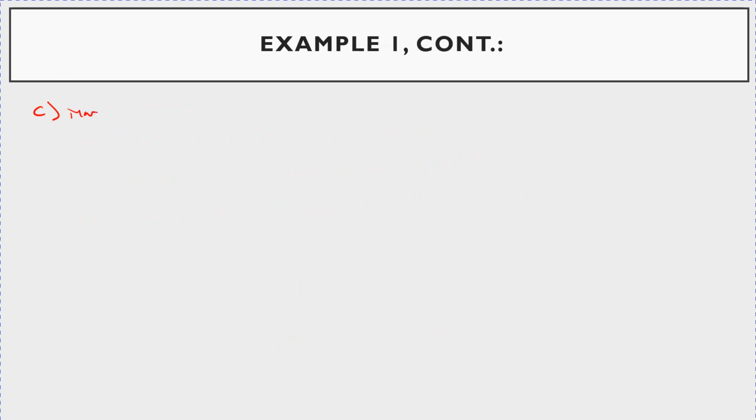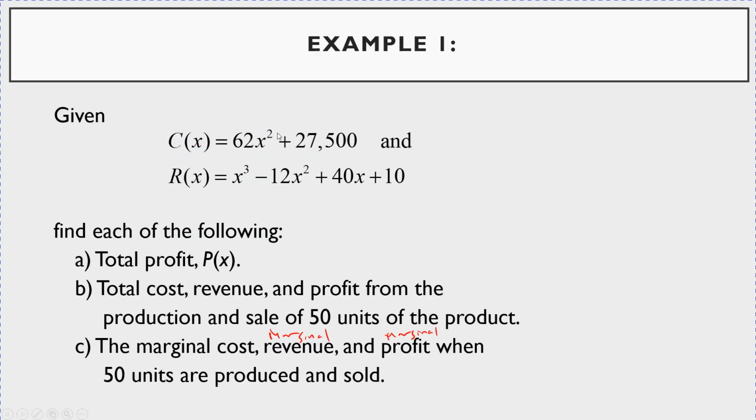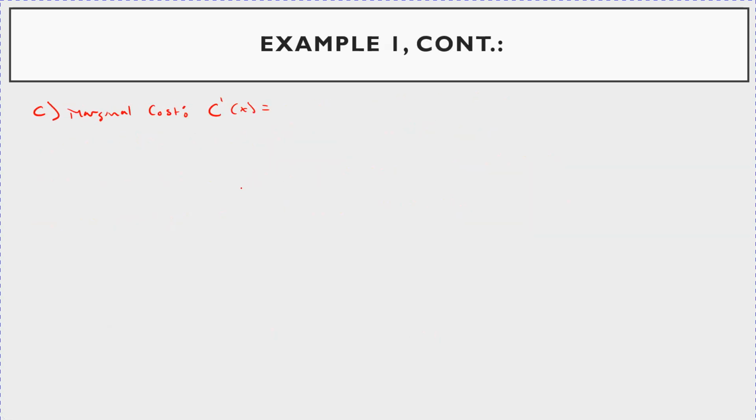Okay, so marginal cost is just C prime of x. So you're going to take the derivative of your cost function here. The derivative of the cost function, you just bring the 2 down. So it ends up being 62 times 2, which ends up just being 124x. So the marginal cost at 50, you're just going to plug 50 in.